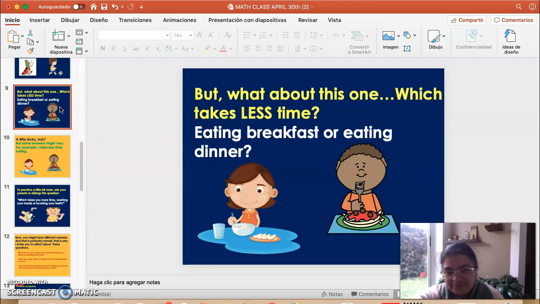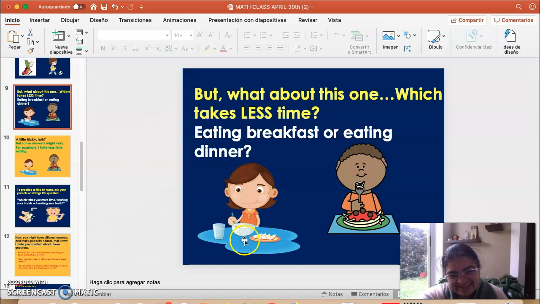Let's see another example. But what about this one? Which takes less time? Eating breakfast or eating dinner? Well, in my personal case, it takes less time eating breakfast. Okay, you guessed, very good.